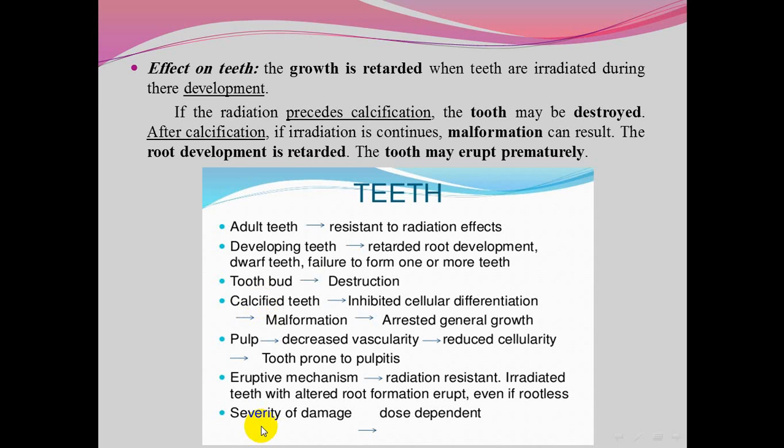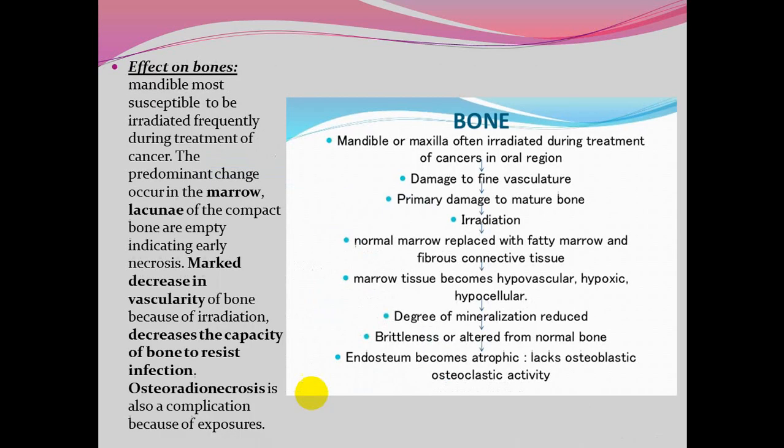The predominant change occurs in the marrow lacunae of the bone, and this will lead to a decrease in the vascularity of the bone, and secondarily a decrease in the capacity of the bone to resist infection, and osteoradionecrosis is the most likely disease to occur due to chronic exposure to radiation and infection of the bone.